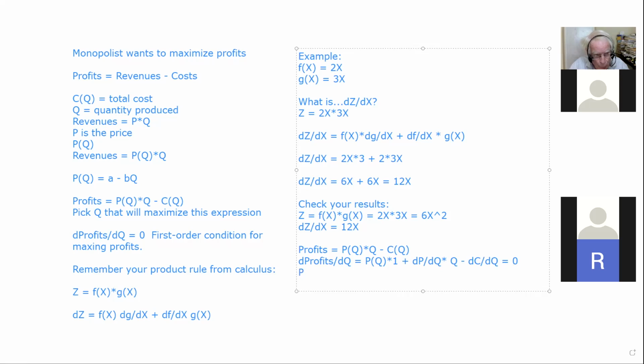So we have in this expression p twice plus the slope of the indirect demand function, minus marginal cost, all equal to zero.